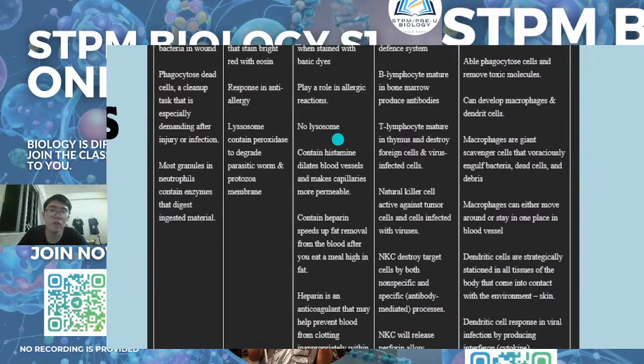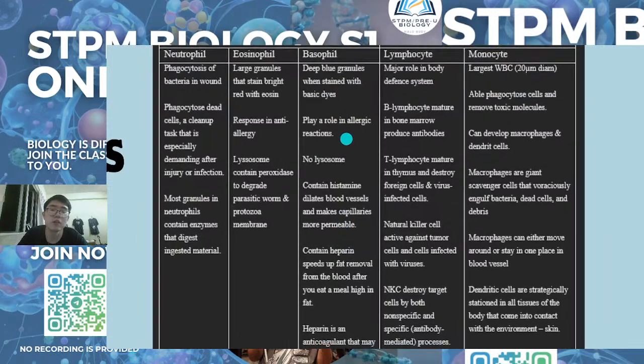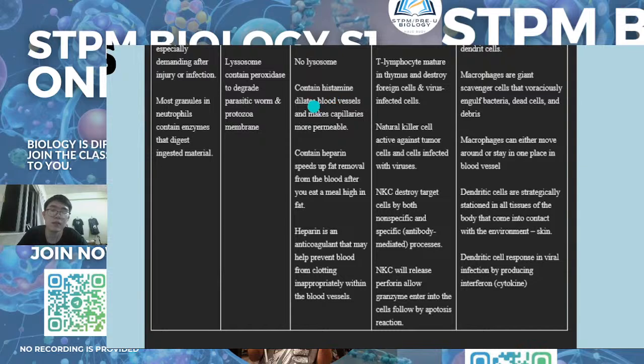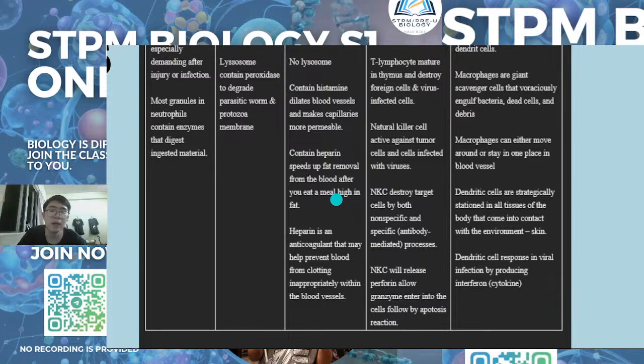Basophil also plays a role in allergic reactions, but the main difference is it does not contain lysosome; it contains two other substances called histamine and heparin. Histamine dilates the blood vessel and makes the capillaries more permeable. Heparin speeds up the fat removal from the blood after you eat a high-fat meal.